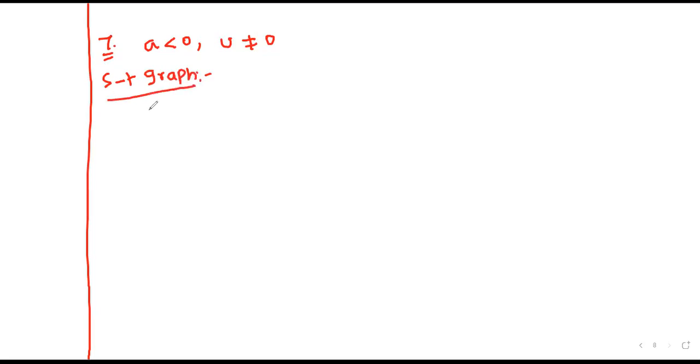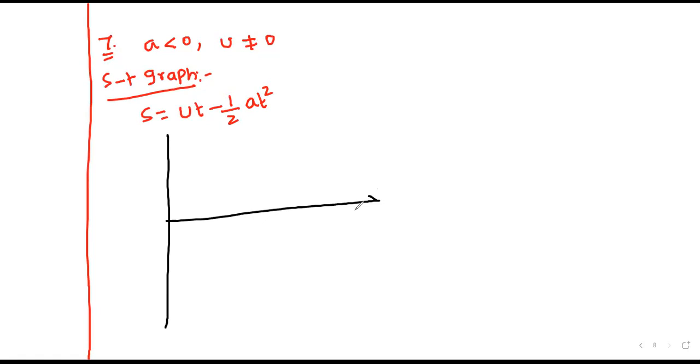Since we know that s equal to ut plus half at square, here acceleration is less than 0, so we'll get s equal to ut minus half at square, right? This is the time and here it is the displacement. Initially we are having a value here.